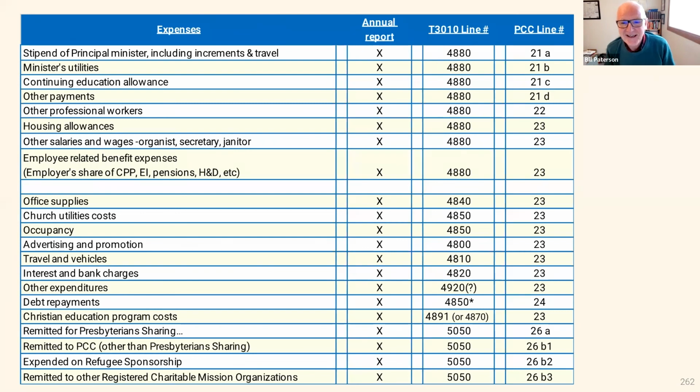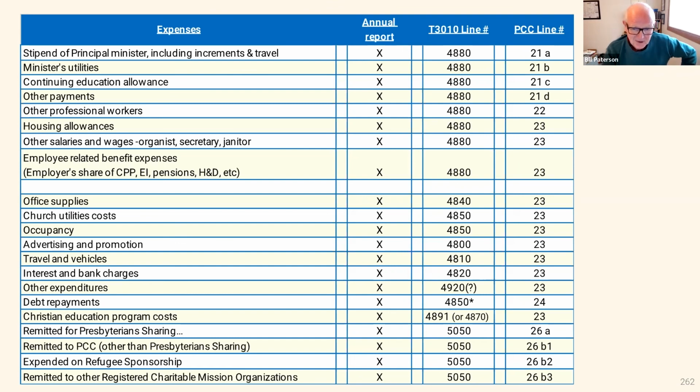And you'll see this is the expenses, and you'll see here that almost everything goes in box 23. And the things that don't go in box 23 are the things that you're specifically asked for. And that's, I think it was Morris that dealt with a lot of that, and the principal minister's stipend and information up there.